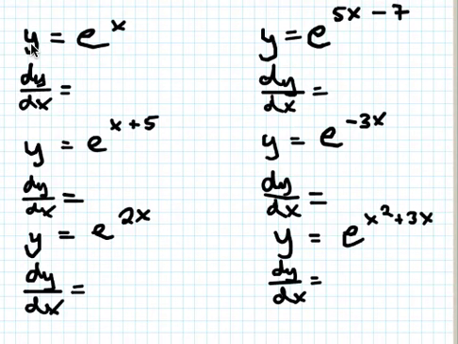Let's have a look at a couple of functions. The first one, y is equal to e^x. We know that the derivative is the same thing, because what we're really doing is this. We just write the function again, e^x, and then times the inner derivative of the expression up here in the exponent.